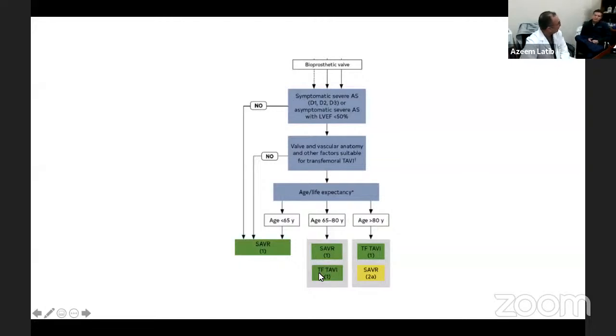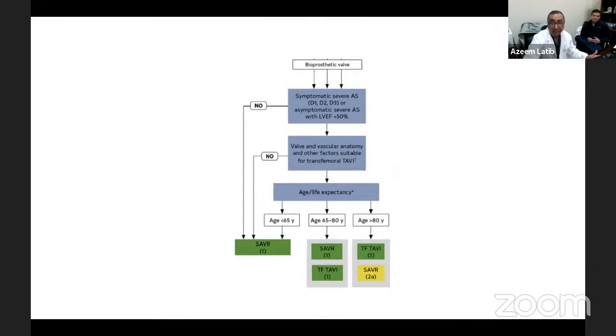It says TF TAVI. TAVI is only considered equivalent to surgical AVR in this group if it can be performed via the transfemoral route. Otherwise, it shouldn't. And in patients older than 80, it gives a higher indication to TAVI rather than surgical AVR. So TAVI gets a class 1 indication and surgical AVR gets a class 2A indication.